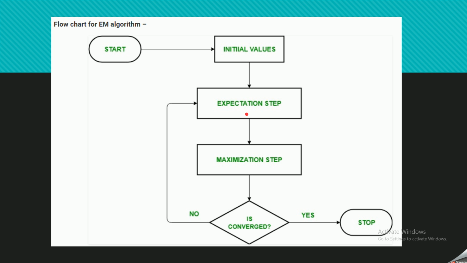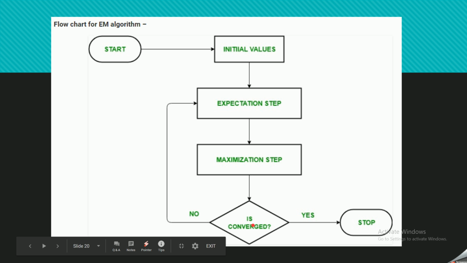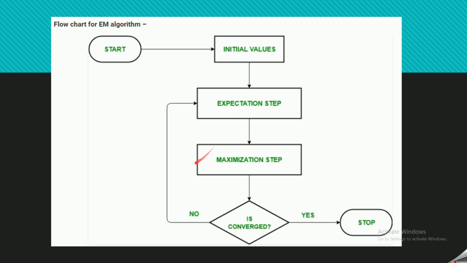And from there, we give it to the maximization step. Maximization step checks whether the missing value which is there is appropriate or not. If the convergence is met, we terminate, else an iterative loop is carried out in EM algorithm.